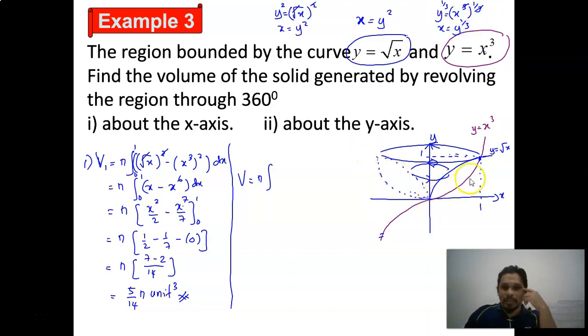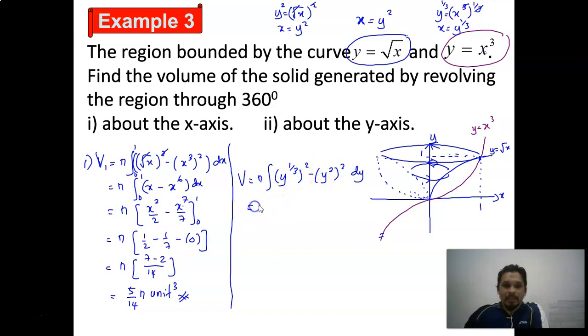So this curve y equals x cubed, in the form x equals f(y), is y to the power of 1 over 3, because this curve is above to the y-axis. So it is y to the power of 1 over 3 squared minus y squared, dy.